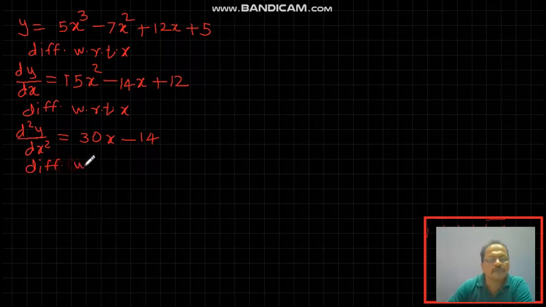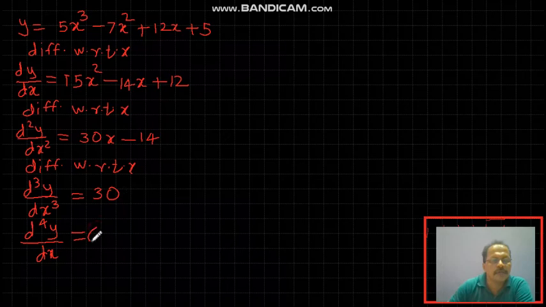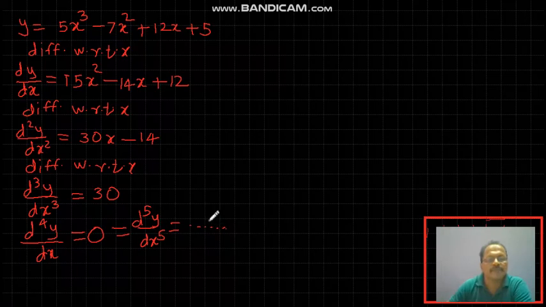Differentiating with respect to x, we get d3y by dx cube is equal to 30. What is d4y by dx4? It is derivative of constant 30, it is 0. It is equal to d5y by dx raised to 5 or all the next derivatives.